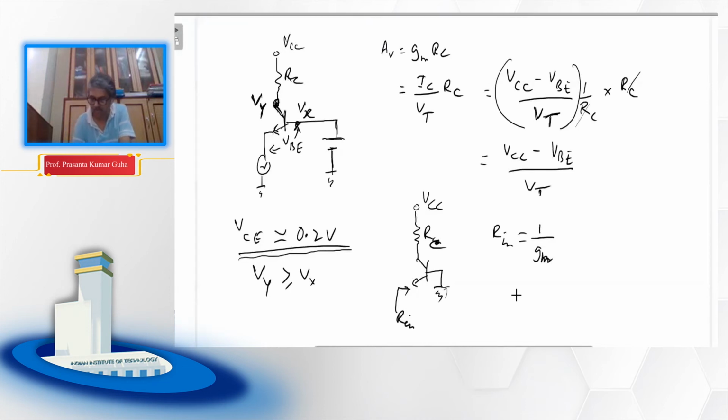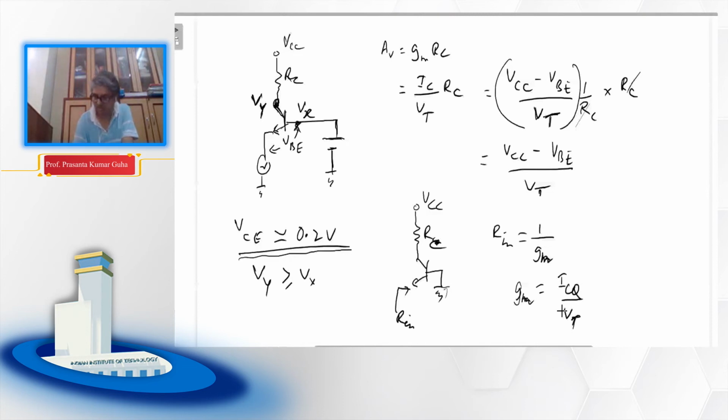So if Rin is 1 by Gm, we can safely say that the input resistance of such an amplifier is very low, because Gm equals ICQ over Vt, and IC is usually of the order of milliamps in a conventional BJT.